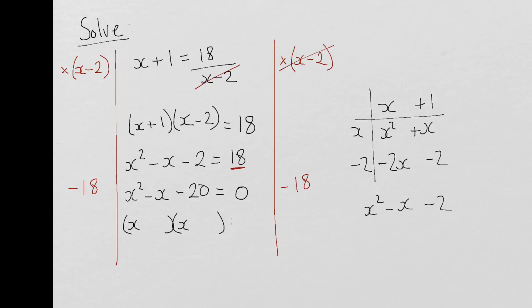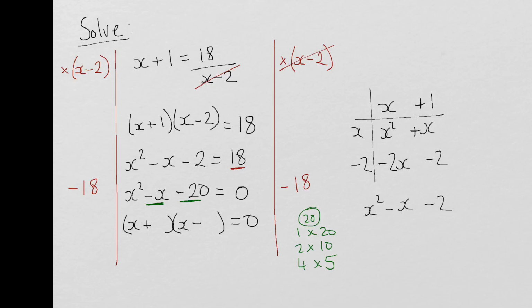I need to think of two numbers which multiply to give me minus 20 and then add to give me minus 1. So to get 20, I've got 1 times 20, 2 times 10, 3 doesn't go into it, 4 times 5. Now that looks quite good because overall in the middle I've got a minus 1, and that is a minus 20, which means that one of them was positive and one of them was negative for them to multiply to give me a negative 20.